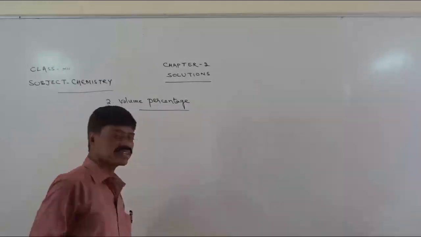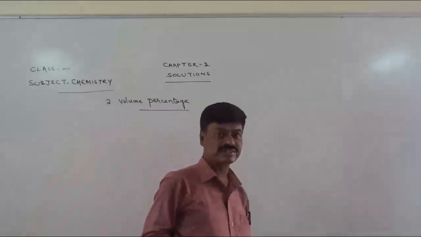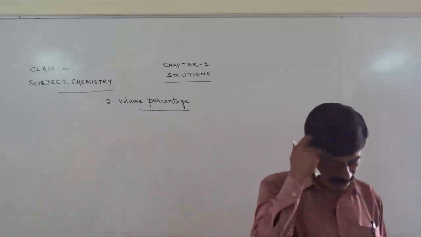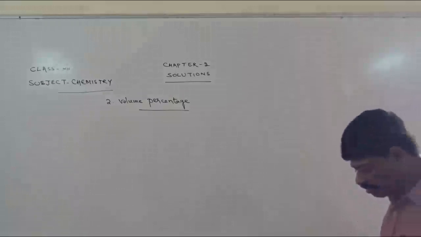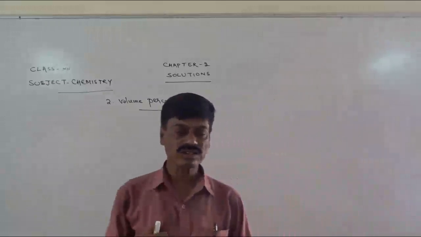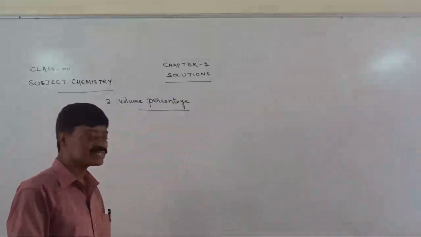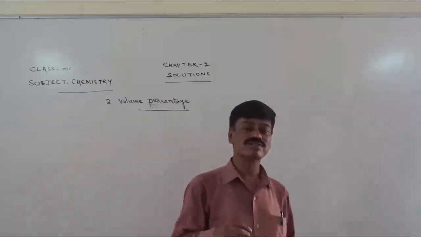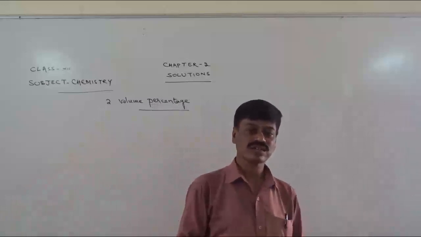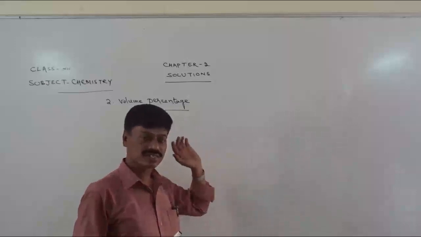Here volume percentage is particularly used in the case of medicine. So medicine is always taken in a small quantity, dissolved in the solvent, that is water. So in that case, volume percentage can be used, or even volume mass percentage technique can also be used. Now let us see volume percentage first.